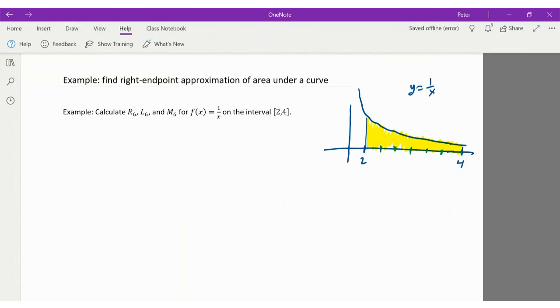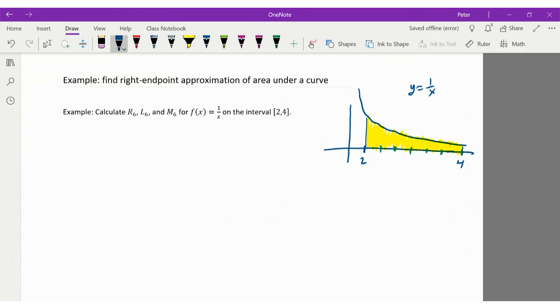First do R6. The first thing you need to do is observe that right in the middle there is 3. And here I have 7/3, 8/3, 9/3, 10/3, 11/3. Those are the values of the points that define these subintervals.